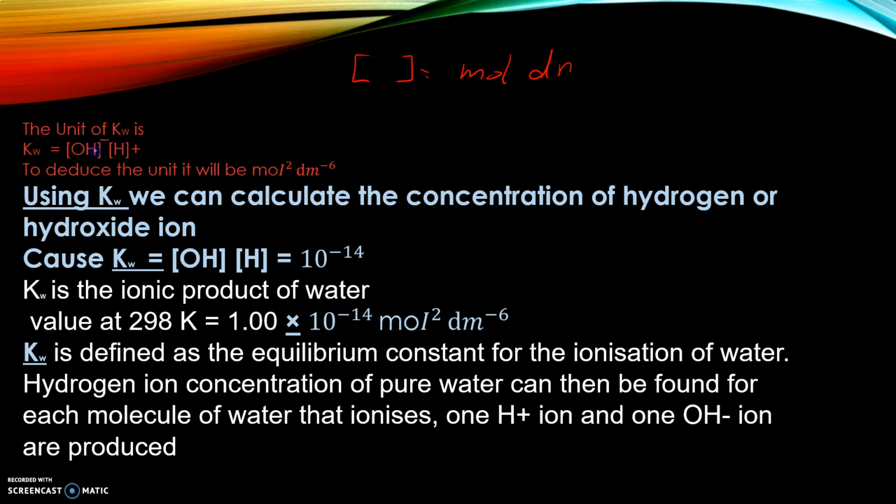So mole times mole, it's mole squared dm^-3 times dm^-3, so it's mol² dm^-6.